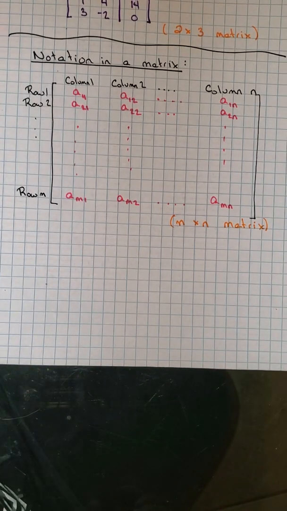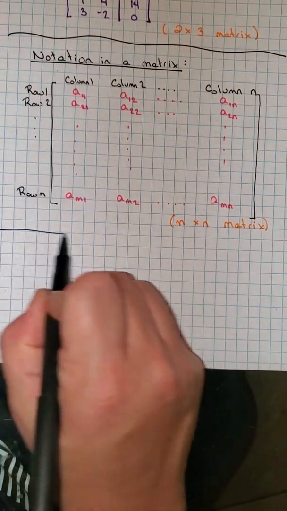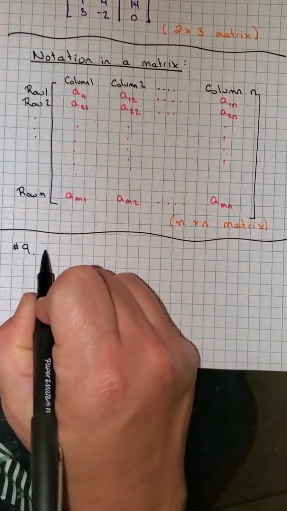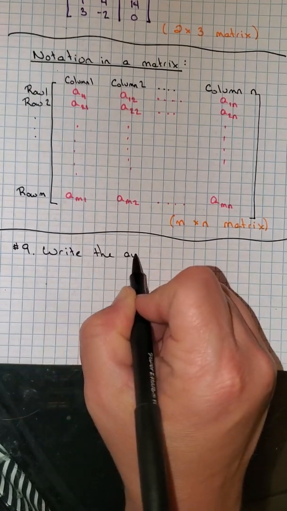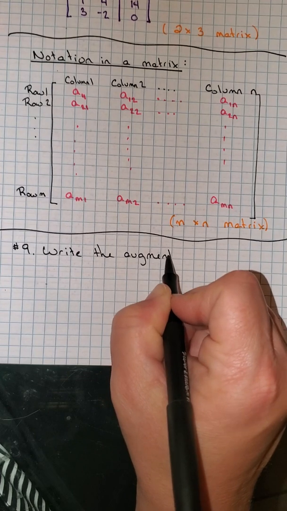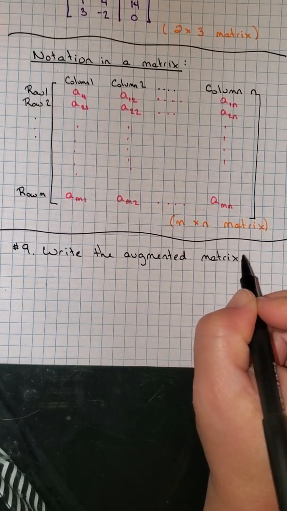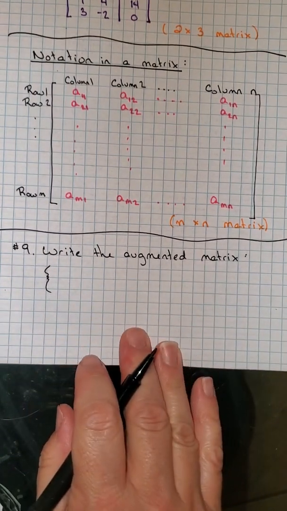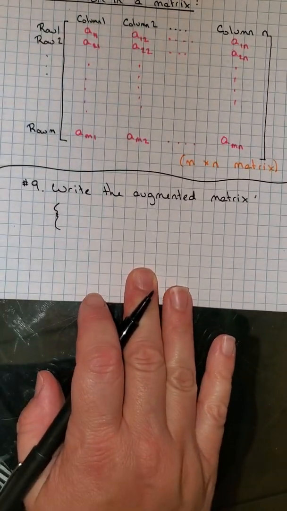Alright, so getting to some examples from the book. Number 9 just says to write the augmented matrix, where you are given a system of equations.